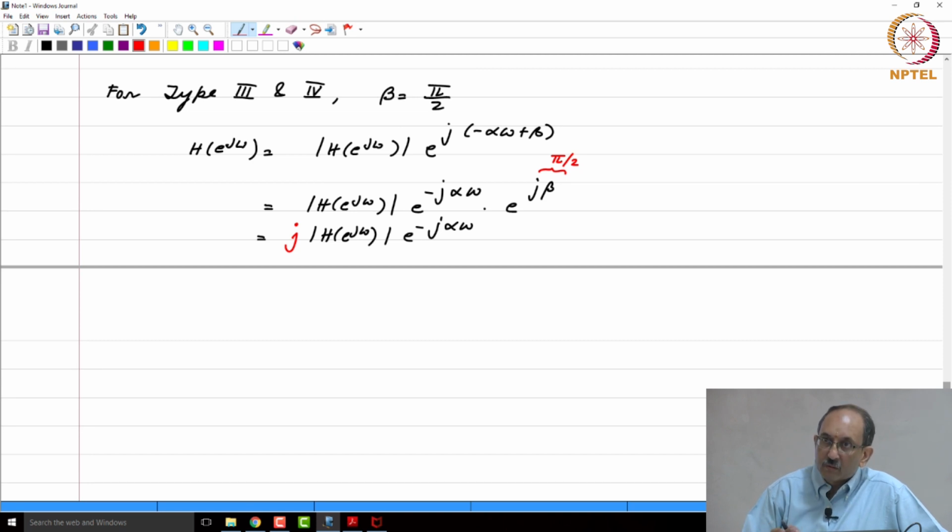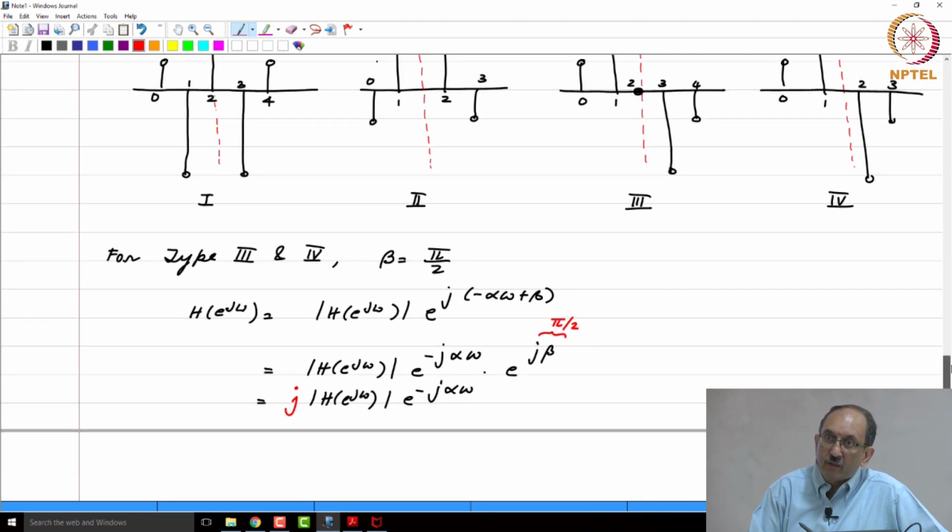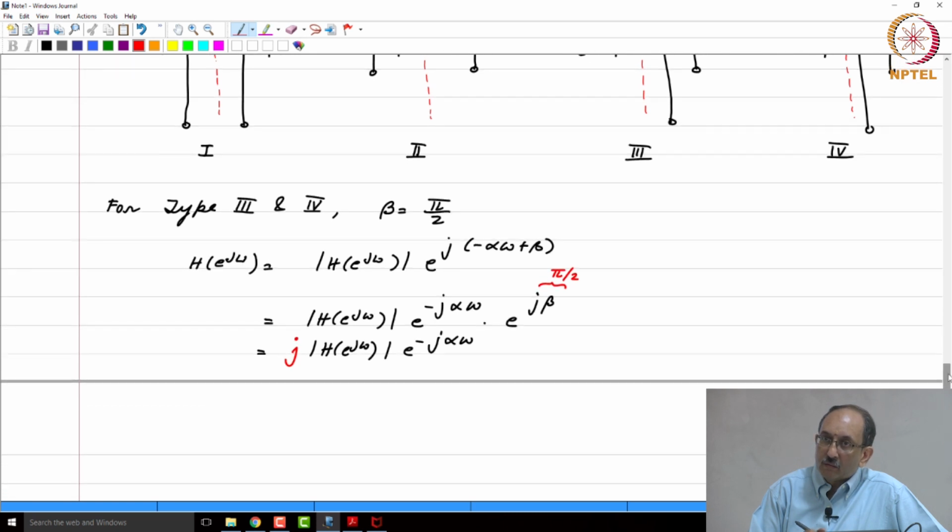I do not know whether this has struck you. This phase response is linear, the slope is minus alpha and the group delay is plus alpha, and alpha is n minus 1 by 2.